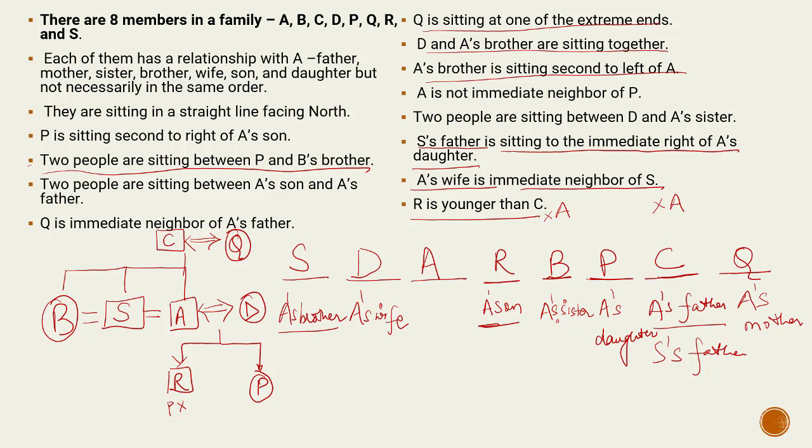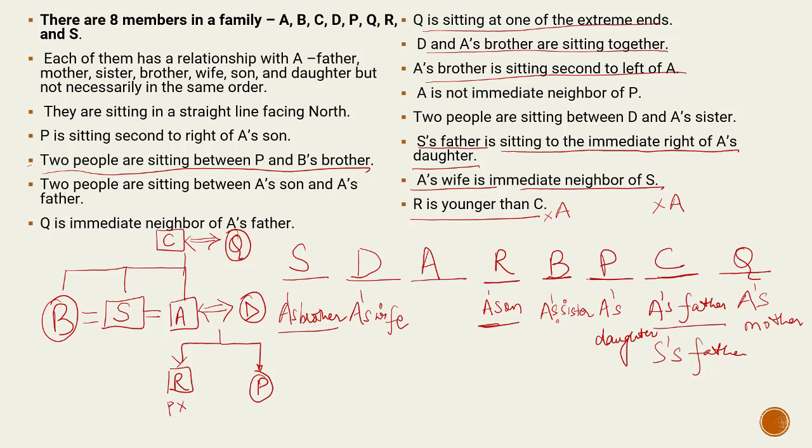So you would find questions on linear arrangements where some kind of blood relation has also been combined. As I've shared earlier also, you have to do this process simultaneously, completing the family tree and also making the linear arrangement.